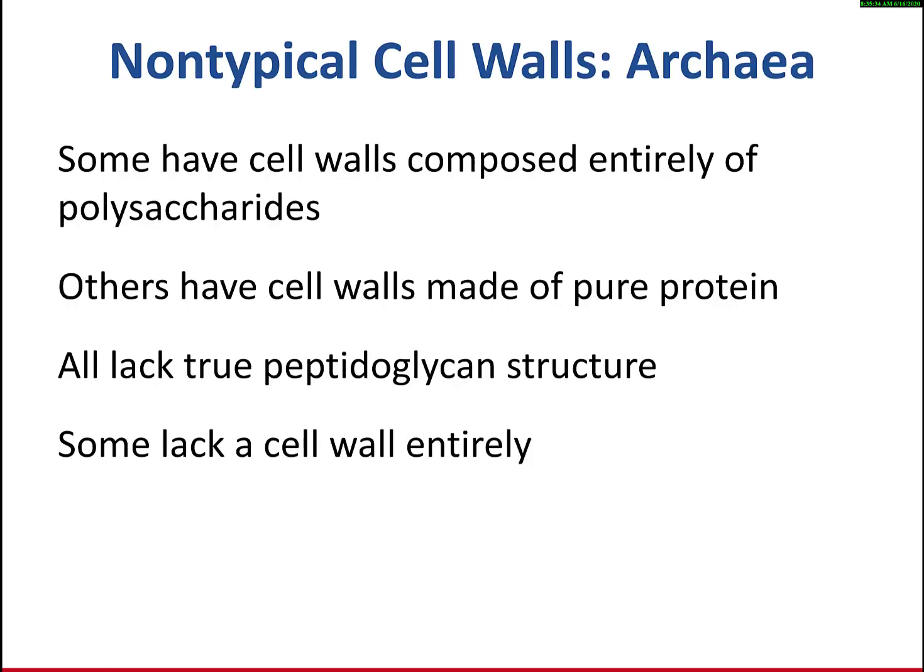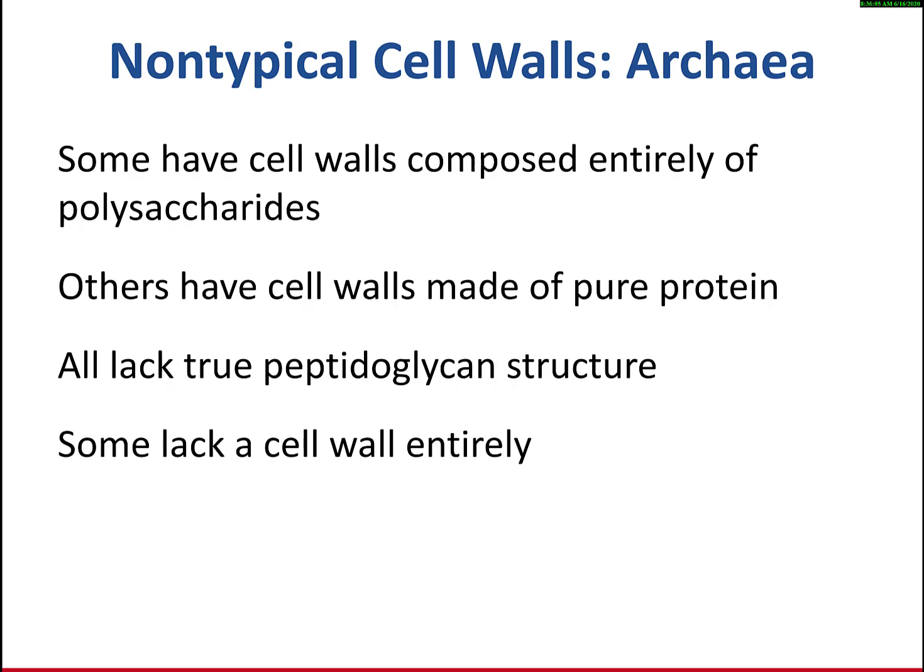So the non-typical cell wall of archaea, which are bacteria that I'm not too concerned about because clinically we don't really worry about them, are composed primarily of polysaccharides. And then other cell walls are made of just pure protein. So it seems like the bacteria of modern day, or the ones that we study more, are more of a hybrid between the older and the newer, where we have a more complex structure.